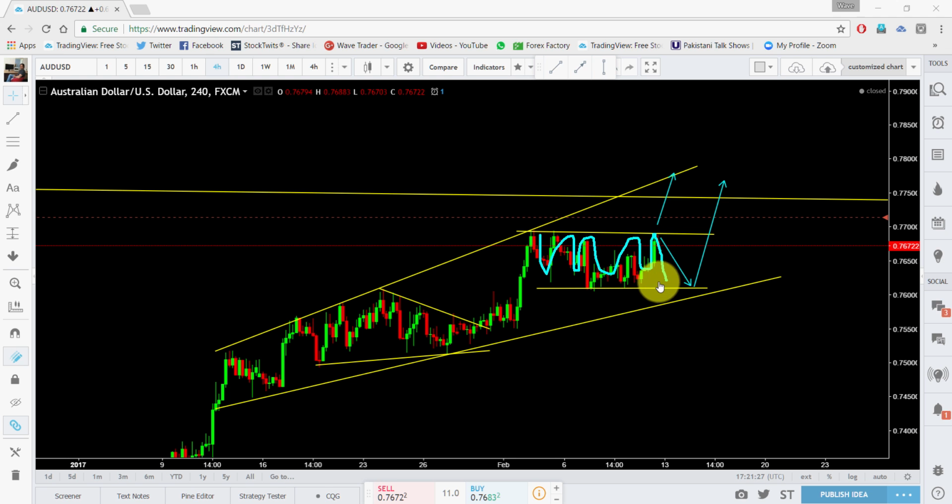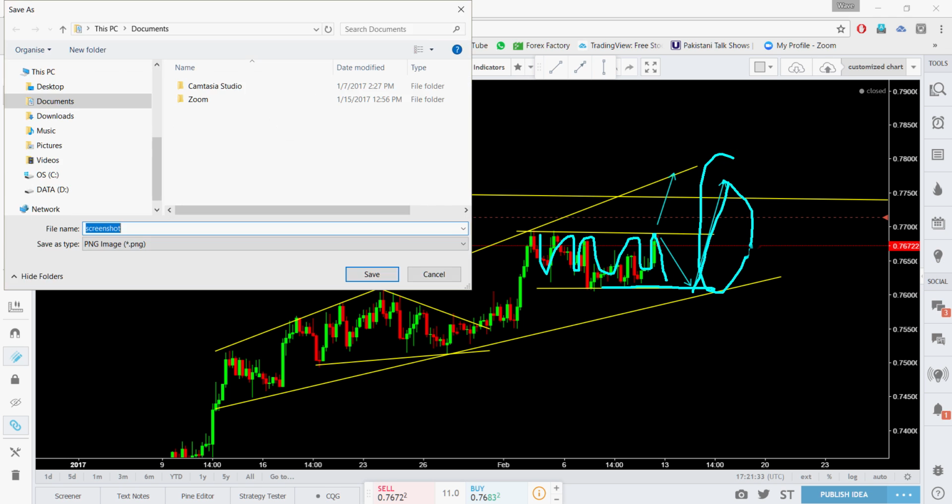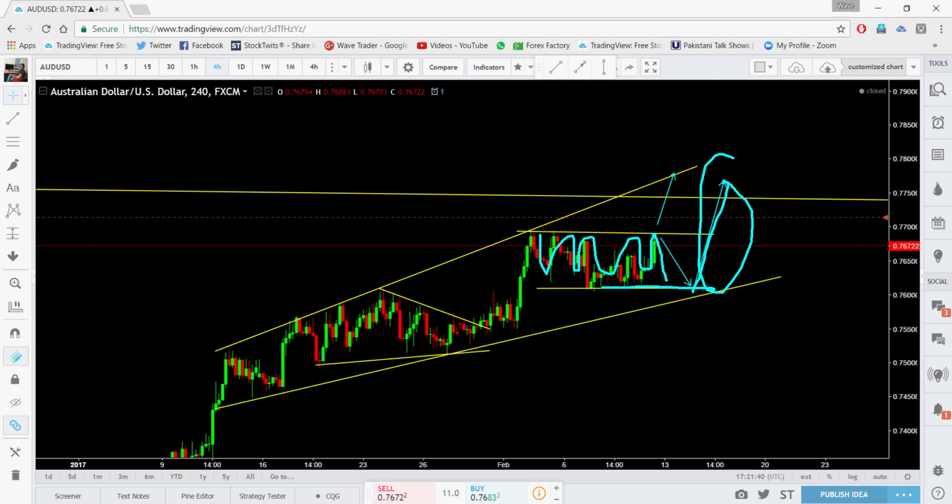Okay, so if price hits the bottom, for medium term look for upside. And for short term you can trade within this flat channel, here at this place.